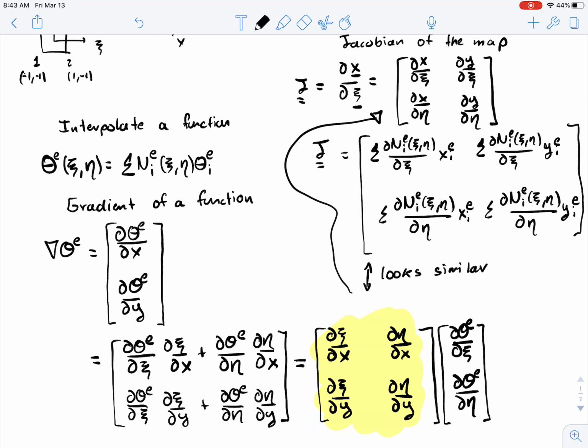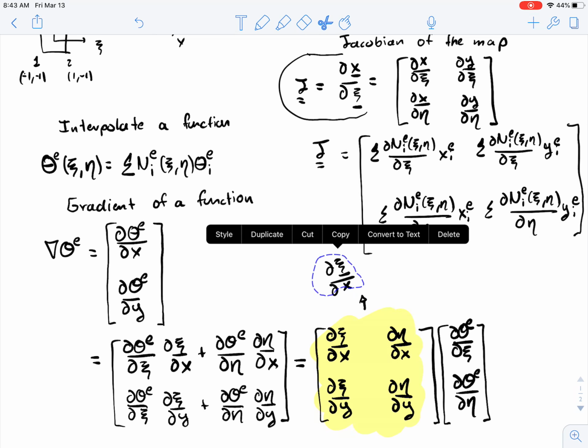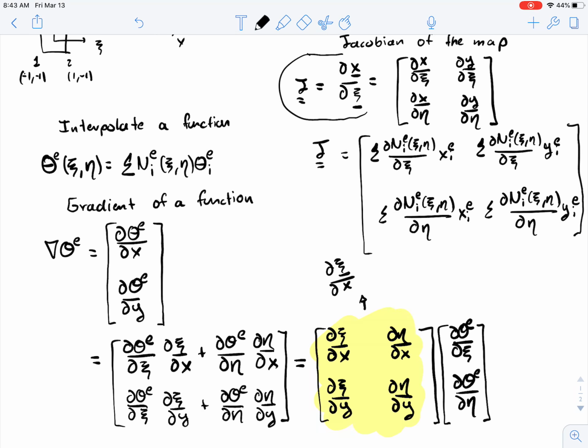So the Jacobian is the derivative of the x coordinates with respect to the parent domain coordinates, and this is basically the derivative of the xi coordinates with respect to the x coordinates. So it's sort of flipped. So what does that mean?